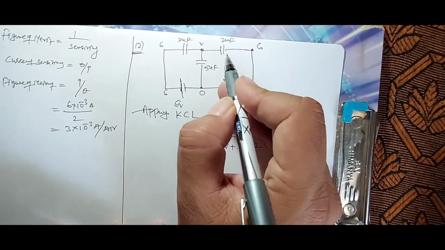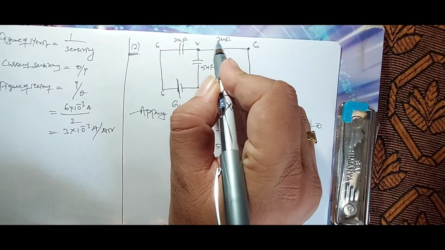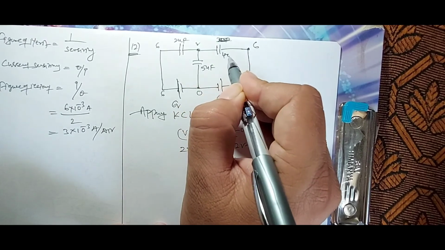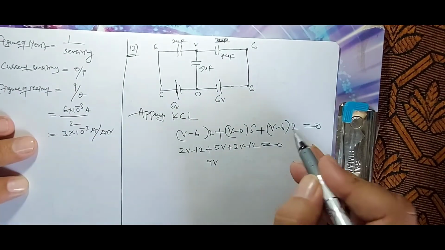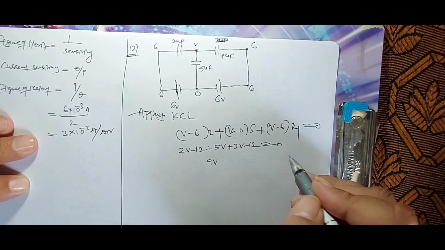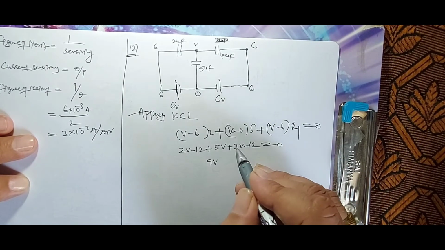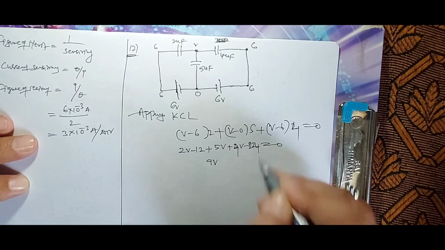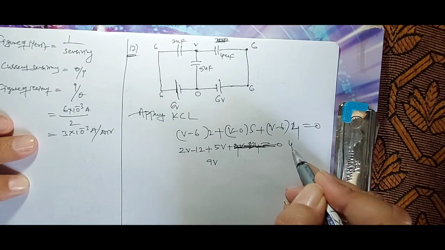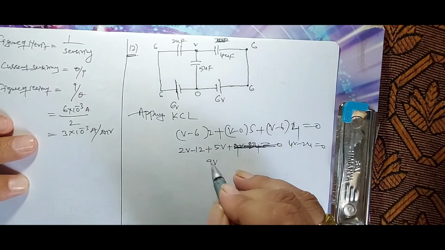Here we made a mistake; this is a 4 microfarad capacitor. So here we write (V minus 6) into 4, that is CV. That means this is 4V minus 24 is equal to 0.